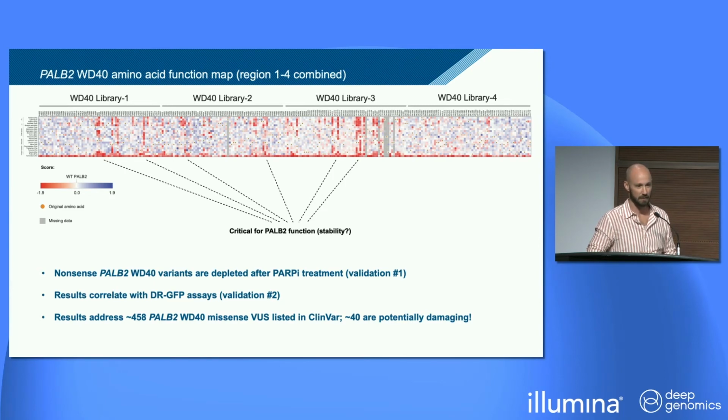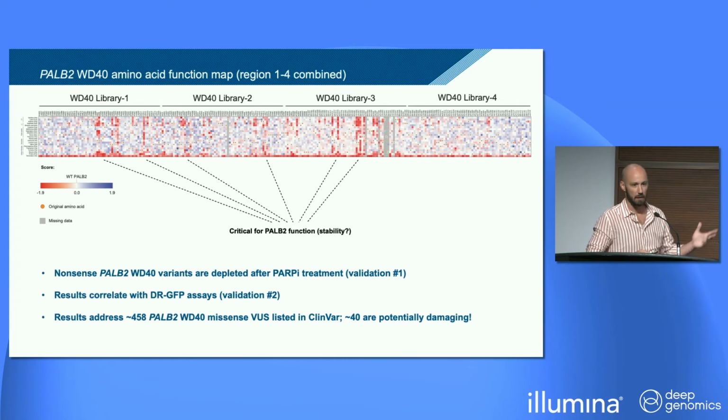There were 13 there, so it's times 4, let's say. And what you also see from this heat map is that several sites are really crucial for PALB2's function in HR. I expect that most of the damaging variants there are critical for maintaining the stability of the PALB2 protein.